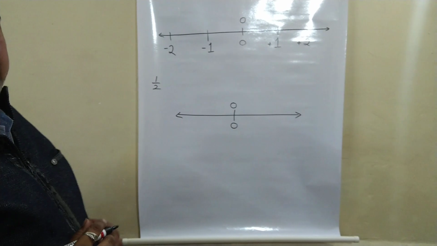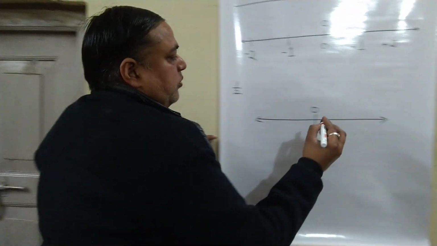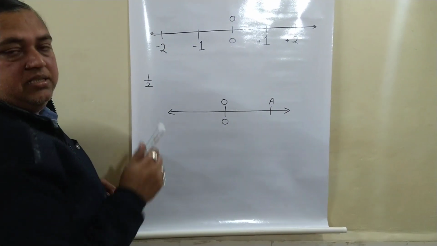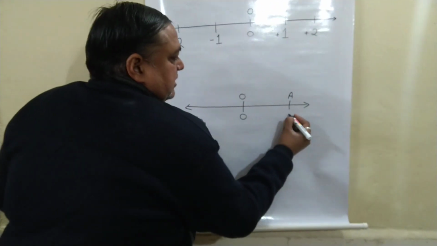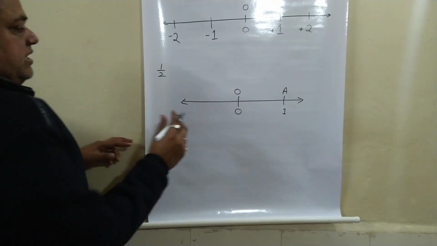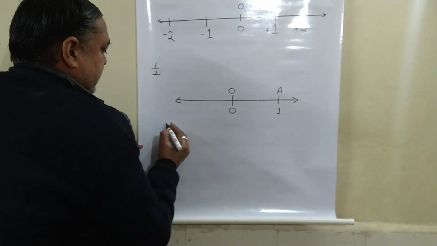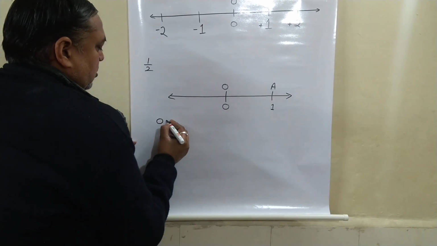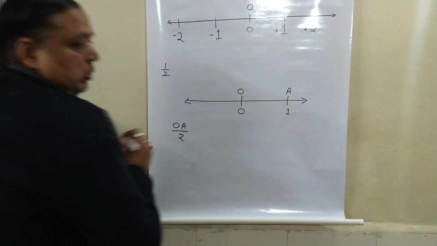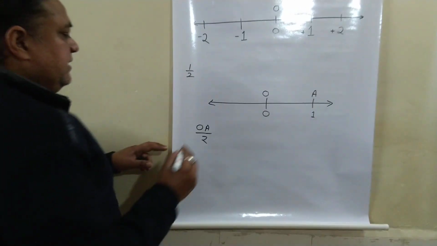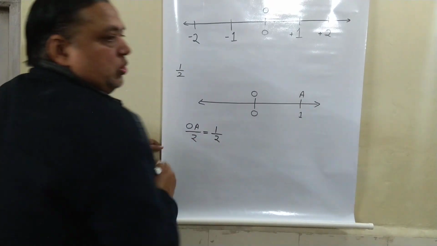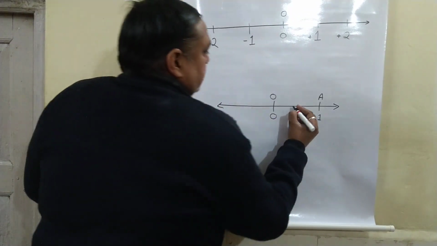After that, we have to take point 1. Suppose, let point A represent number 1. After that, if the distance between O and A is divided by 2, then it will represent the number 1/2 on the number line.